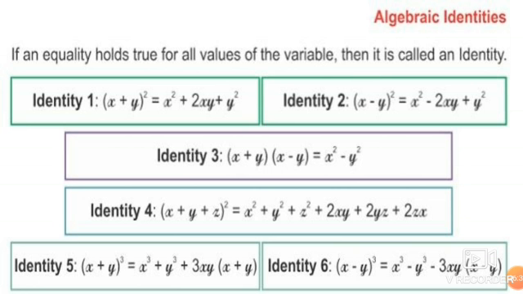You remember this also: x plus y whole square equals x square plus 2xy plus y square. x minus y whole square, the a minus b whole square formula, here with variables x and y, equals x square minus 2xy plus y square. x plus y into x minus y equals x square minus y square. x plus y plus z whole square equals x square plus y square plus z square plus 2xy plus 2yz plus 2zx. Like this you can observe all the identities, students.